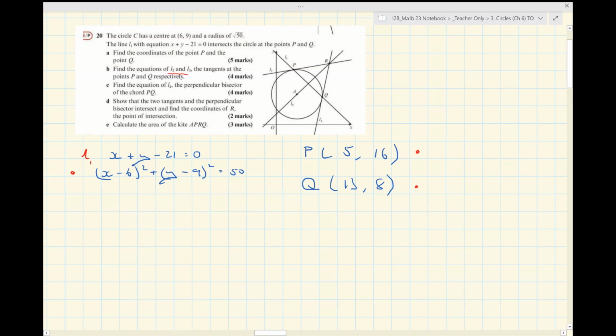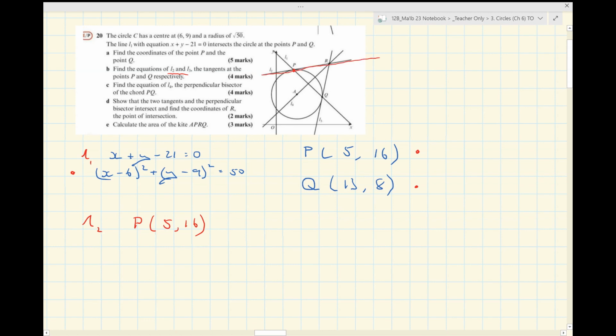Let's have a look at L2 first of all, shall we? Now, L2 goes through P, so that's going to be useful because in order to write down the equation of the line, I need a point it goes through, and I also need its gradient. How am I going to find the gradient of this line L2?